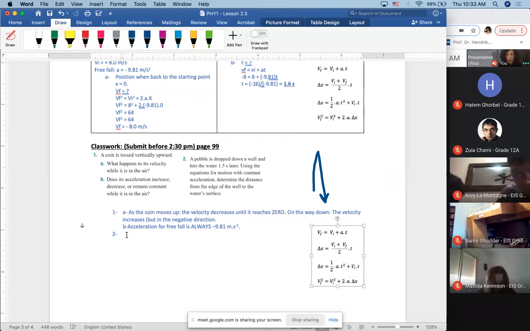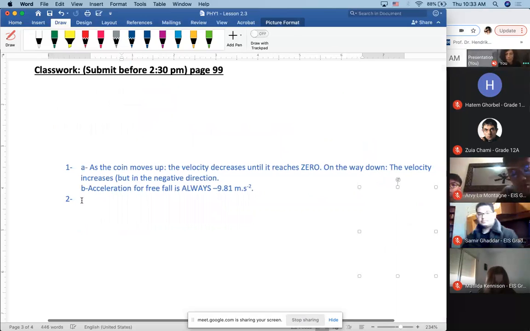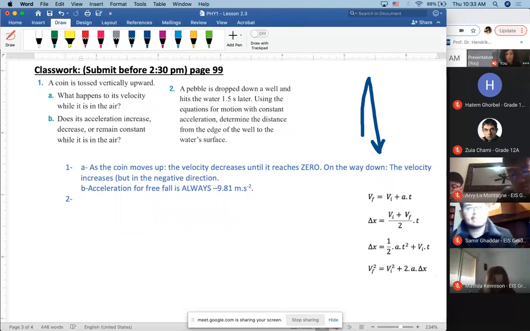When we say dropped, what is the initial speed? 0. Yes, thank you. This is very smart. So V initial is 0. Is that free fall, when you drop something? Yes. So I'm gonna say acceleration is equal to negative 9.81 meters per second squared.